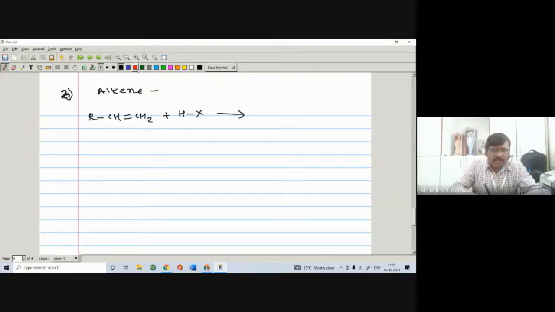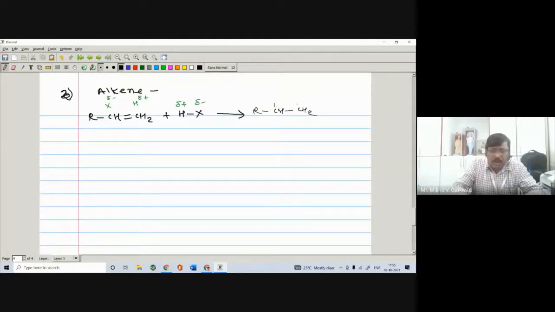So what happens? Markovnikov addition rule. The negative part of the reagent. Here X is the negative part and H is the positive part. The negative part of the reagent will attack the doubly bonded carbon atom which has the lesser number of hydrogen atoms. So X negative will attack this carbon and H positive will attack this carbon of CH2.